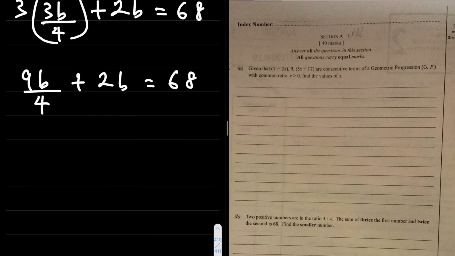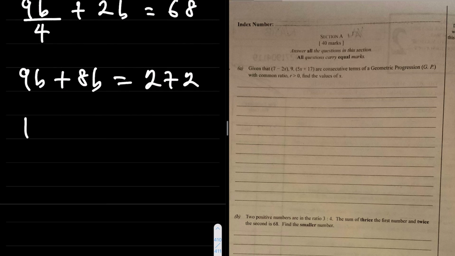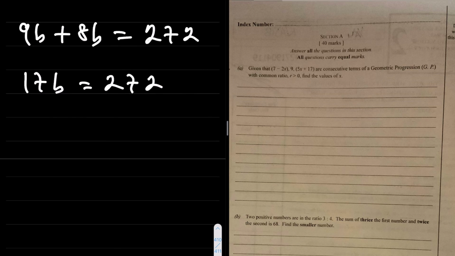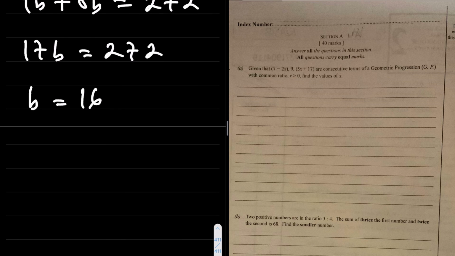How do I clear the fractions? I can clear the fractions by multiplying through by 4. If I multiply the whole of that equation through by 4, I'm going to get 9b plus 8b equals 68 times 2, 272, which simply means 17b equals 272. And that means b equals 272 divided by 17 is 16.